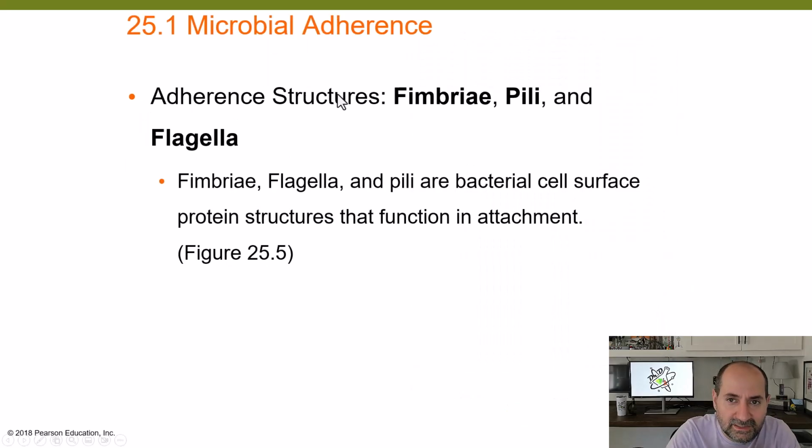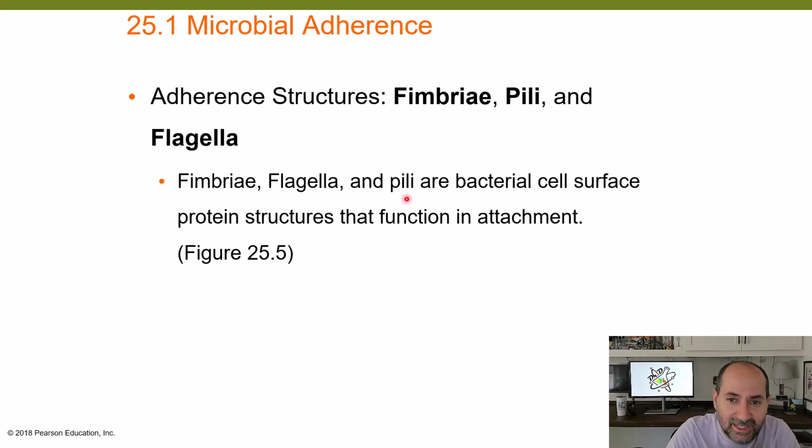Now, keep in mind, in addition to capsules, you also have fimbriae, pili, and flagella. All three of these also qualify as adherence structures. Yes, flagella are used for motility. However, they are also used for adherence as well.